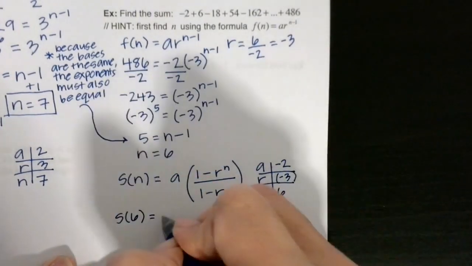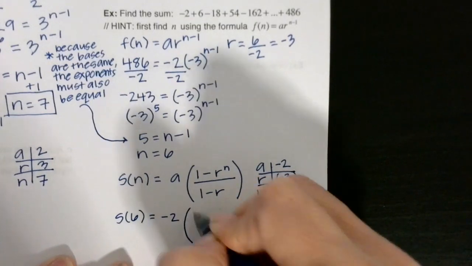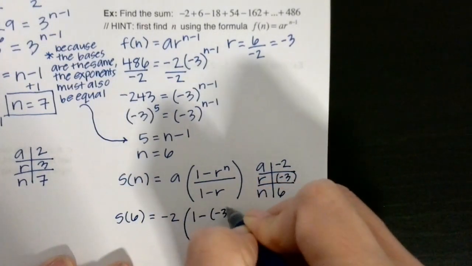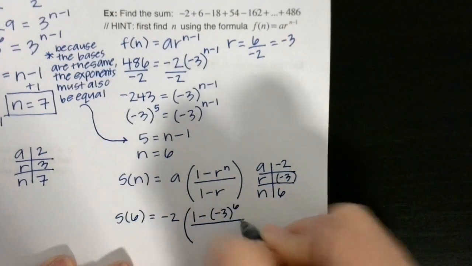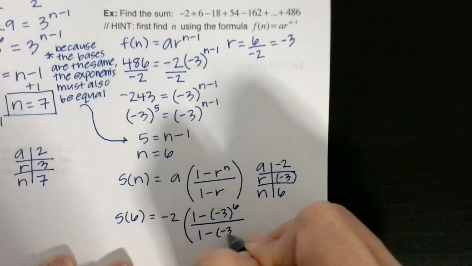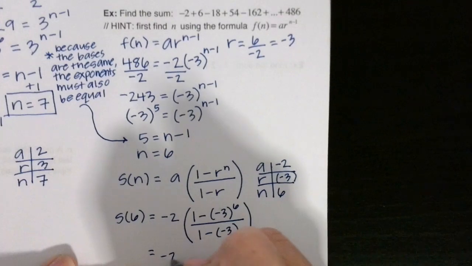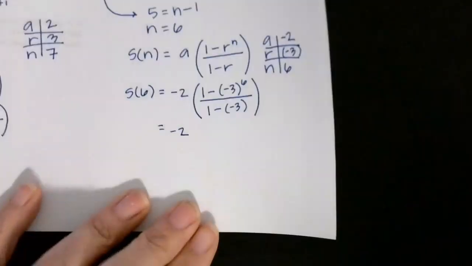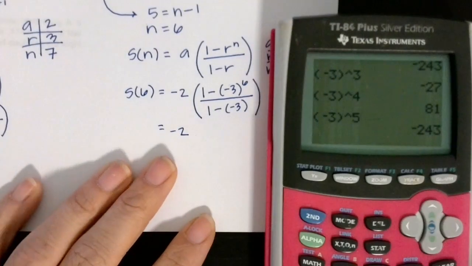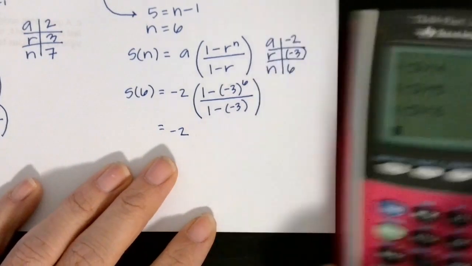So we get -2. Remember to put things in parentheses. Let's follow order of operations. Back to that calculator, we are doing -3 in parentheses raised to the 6th power, which is 729.